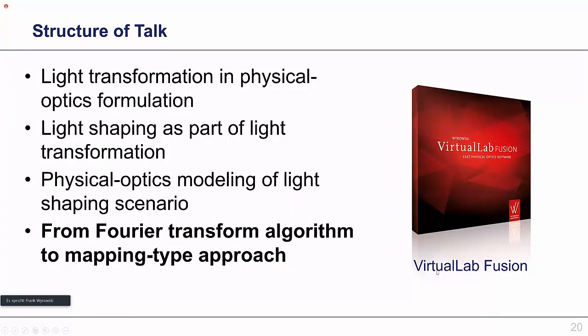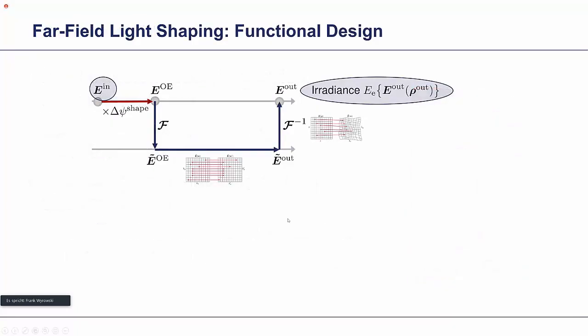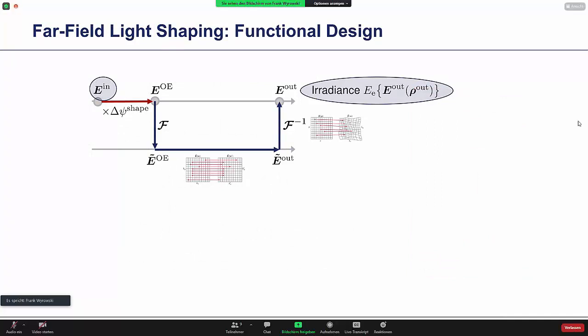Good. Now let's come to a typical thing in physical optics, which is called the Fourier transform algorithm. I'd like to show you how this is related to the mapping type approach in design. Now I come to the design. Let's consider our far field light shaping situation. We can consider any kind of shaping situation, but I'd like to stay in this talk in the far field light shaping situation.